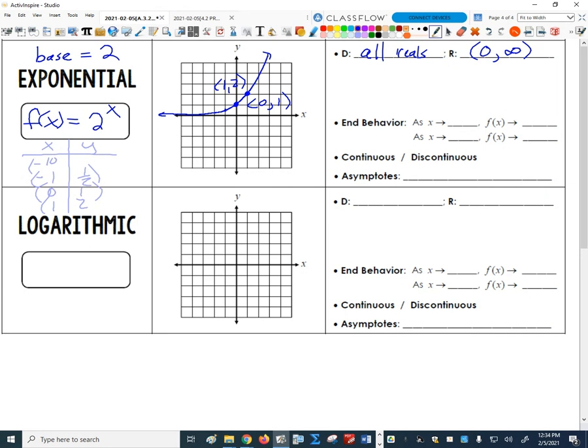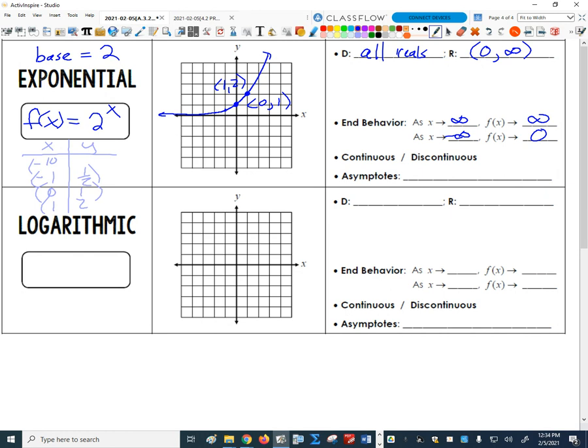What about the end behavior? As x approaches infinity, as I go to the right forever, I'm going up forever. As x approaches negative infinity, what y value am I approaching? Type it in chat real quick. Okay. I'm not getting very many responses, but I got to hustle. So 0 is correct, right?